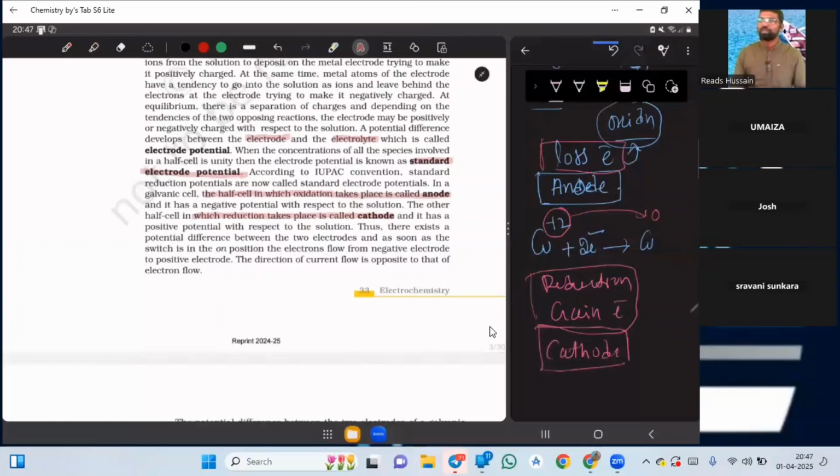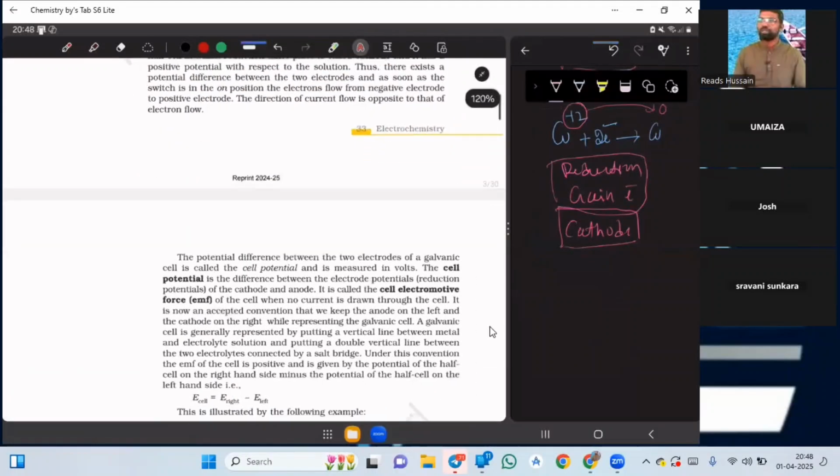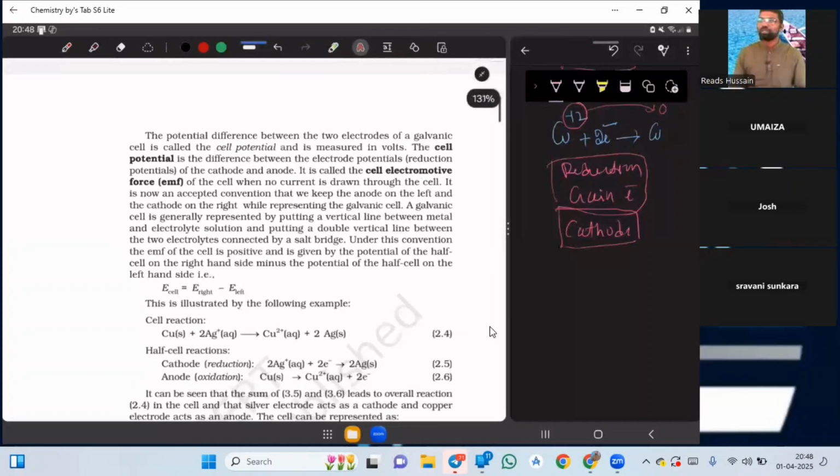If you don't know, please note down and repeat it 2 or 3 times or 10 times till you get confident about this topic, oxidation reduction, because in the coming topics, this part is going to be important to understand the concept. Now, come to cell potential.